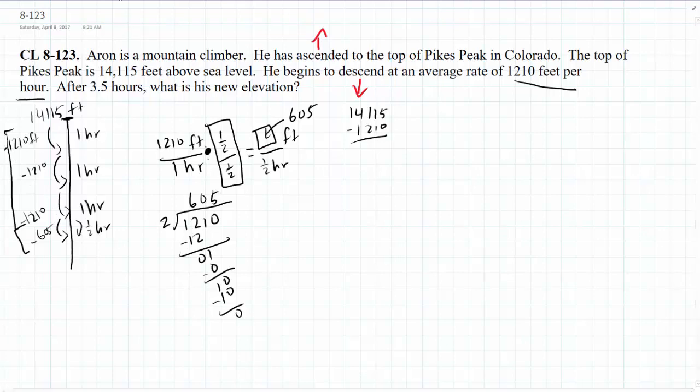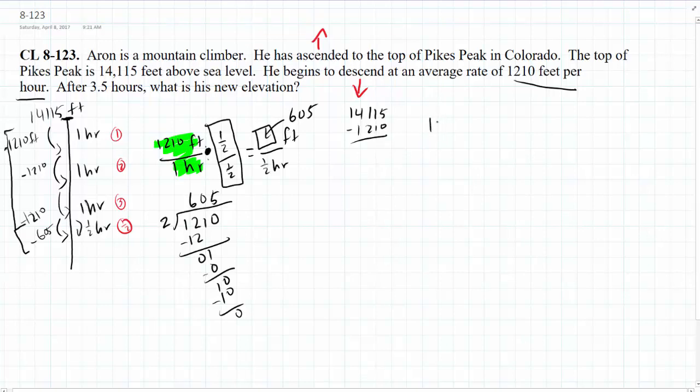Sorry, my drawing tablet doesn't go that far. So this is really the first group, second group, third group, and then another half a group. So we have 3.5 groups. So I could actually multiply that unit rate we had. That's why unit rates are so important. We can see how far down they went using that unit rate. I think that's a faster method, and we agreed on that strategy as a class.